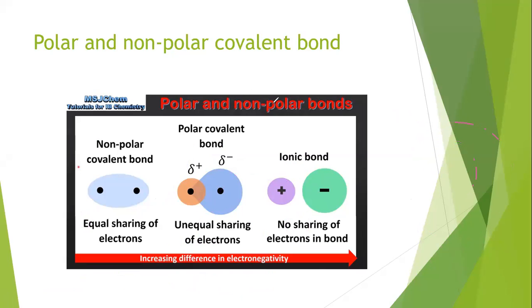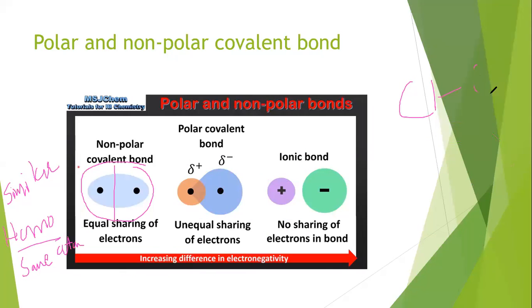If the two bonded atoms are similar, meaning homoatoms, homo meaning same, for example Cl2, where both are the same atom, it is a homo molecule.